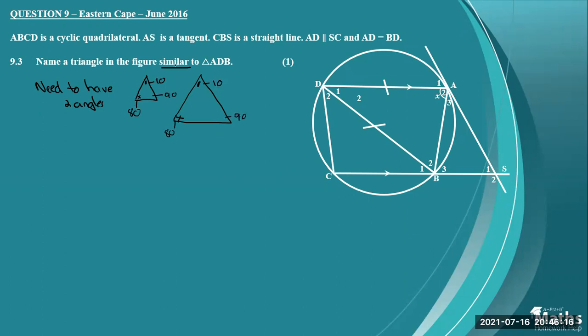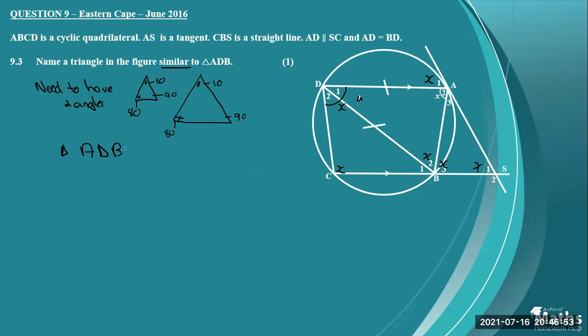Now let's see, before we can look for similar triangles, we need to fill in the X again, all the angles. So we must prove a triangle similar to triangle ADB.